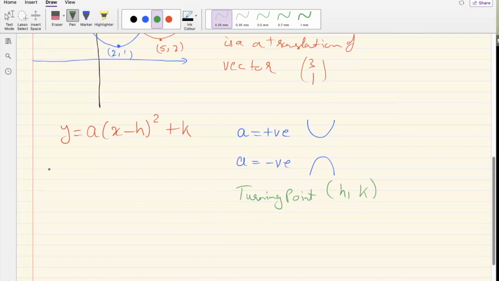So now what actually happens? When you increase the value of h, the curve moves to left. When you decrease the value of h, the curve moves to right.